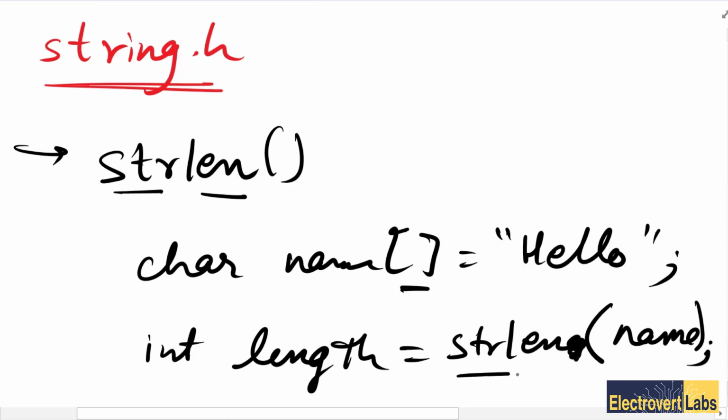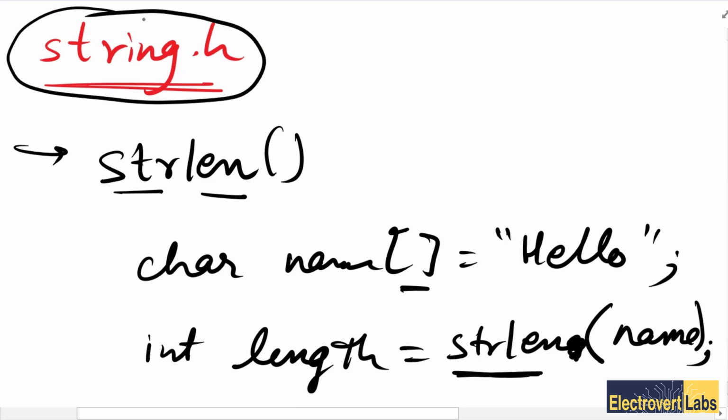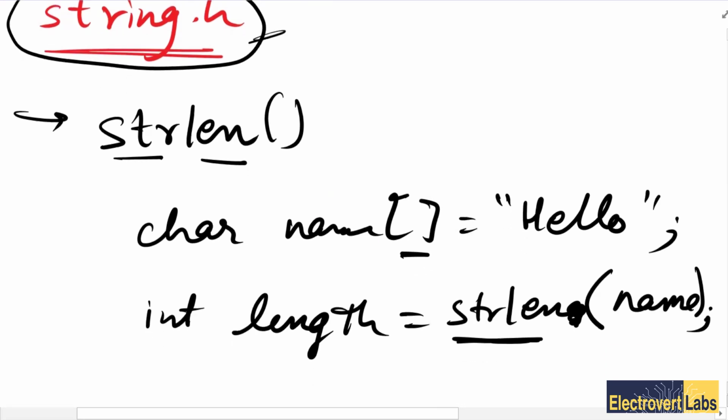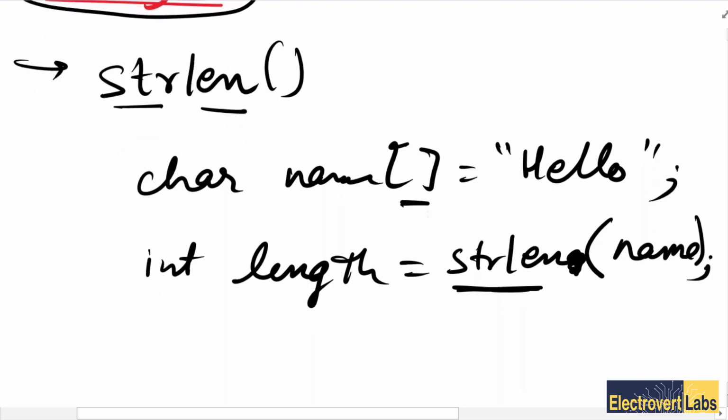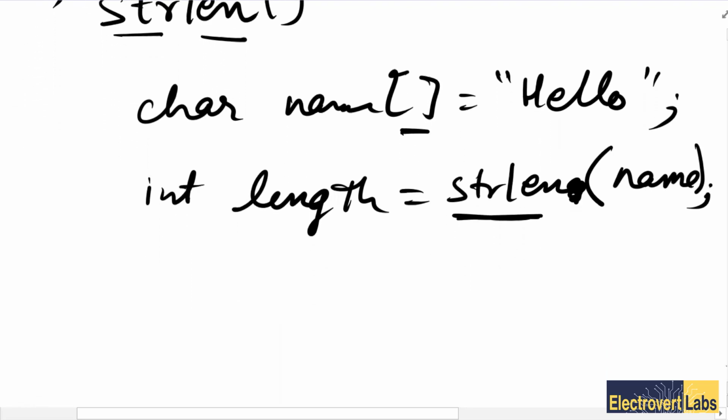But guys, remember that if you're using this function, you have to import this header file in your program, otherwise it will give an error. Only after including string.h can you use the strlen function, the string length function. We'll do some programs on these, don't worry.